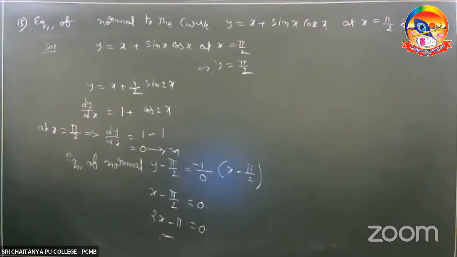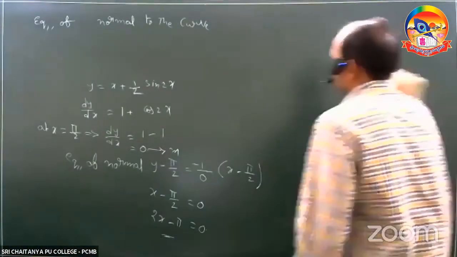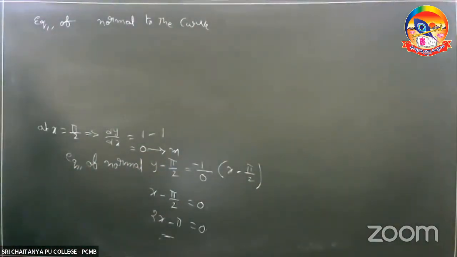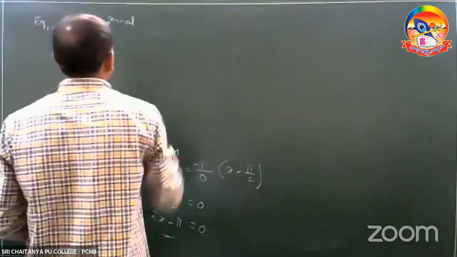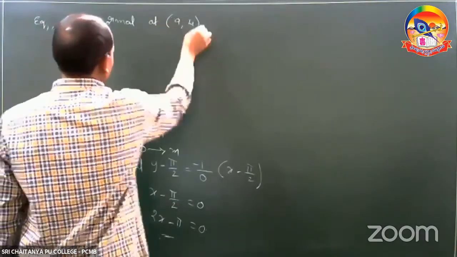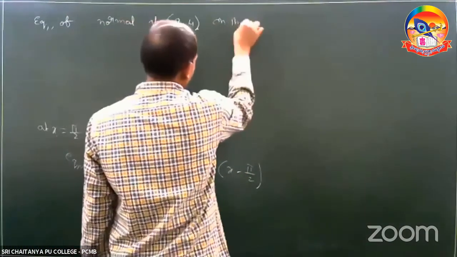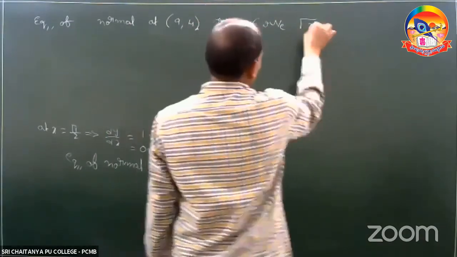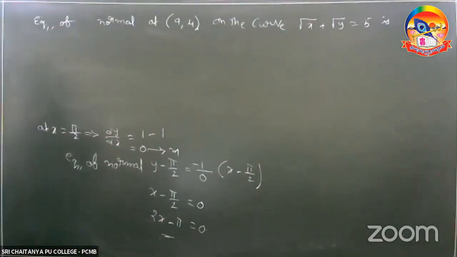Okay, now write down the next question. Equation of normal at 9, 4 on the curve root x plus root y is equal to 5.